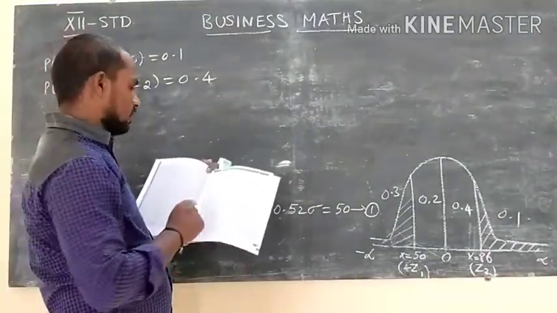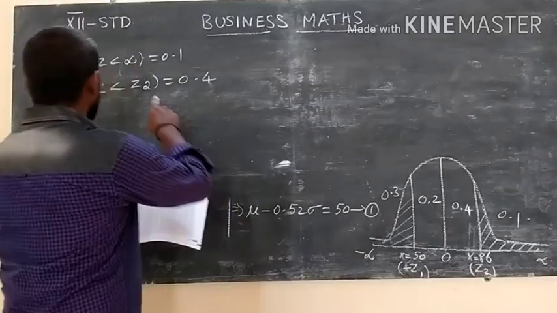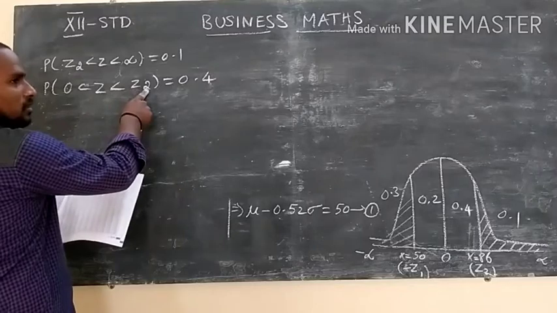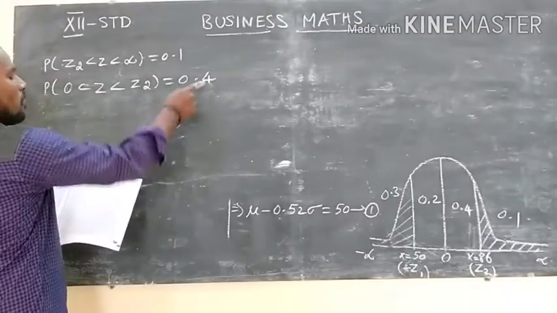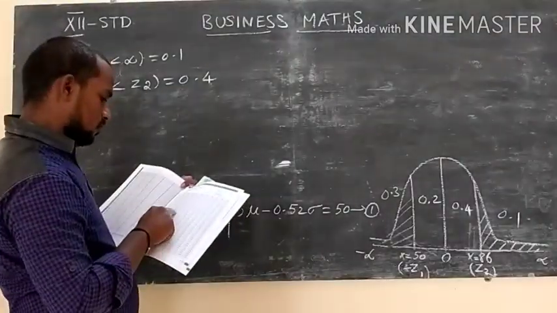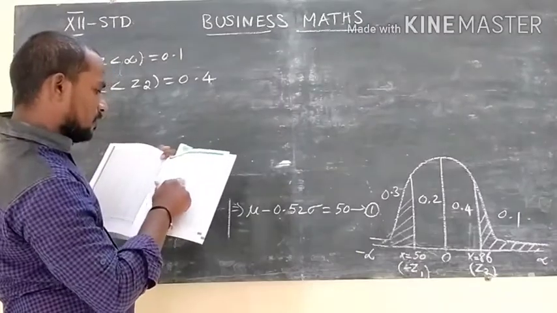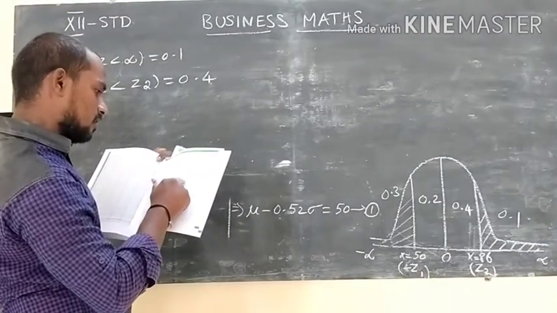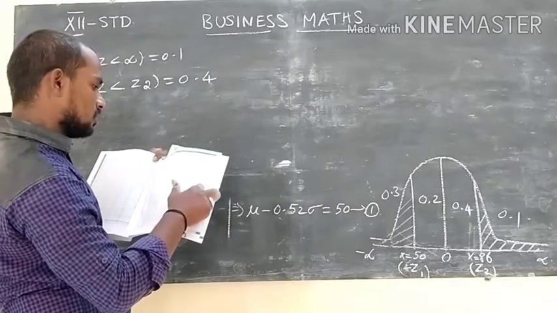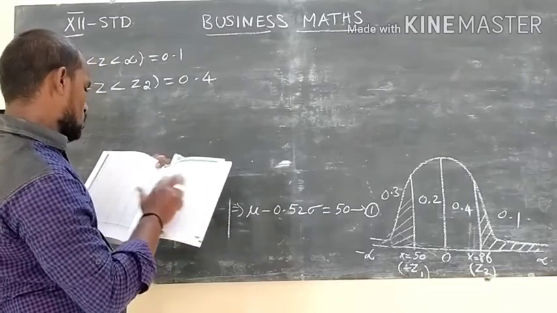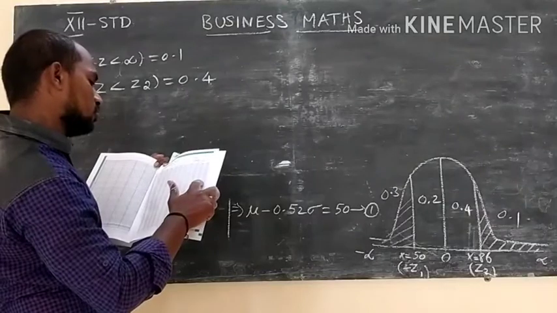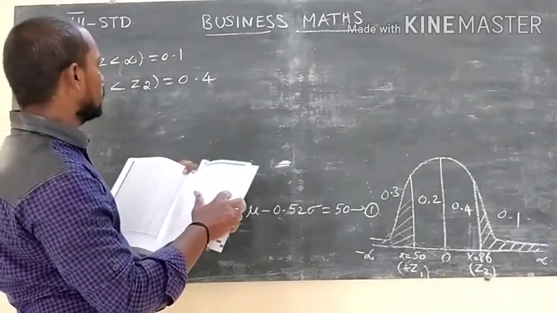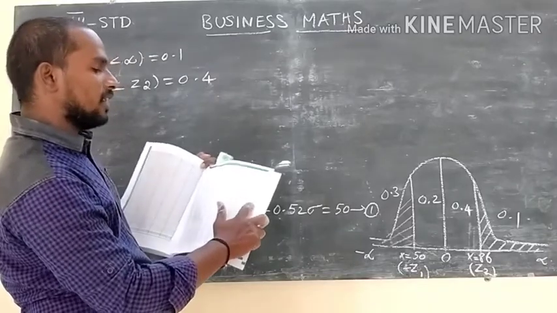Using the table, 0.4. So this is also Z less than Z2, so we want to find the value below 0.4. From the table, carefully watch the numbers one by one. This is 1.2, 0.09, which is 0.4015. 0.4 started here.